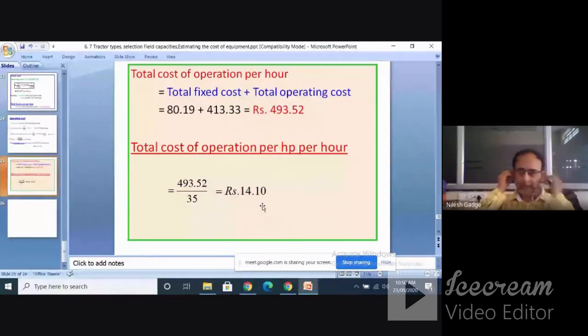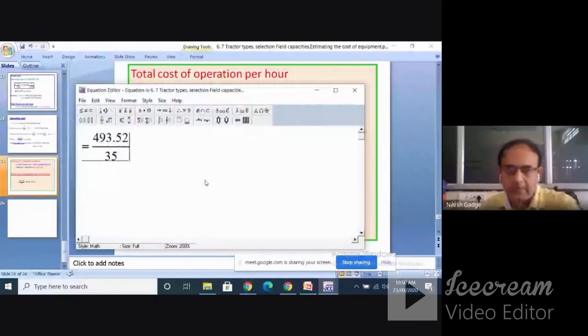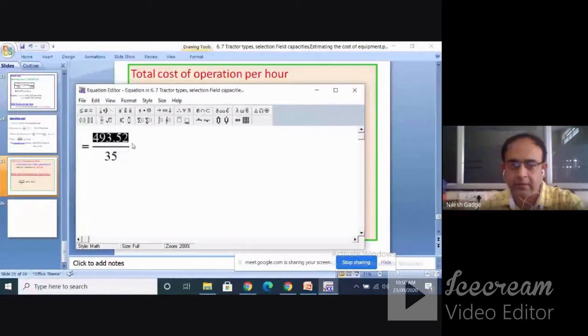So write down this total cost of operation per hour, total fixed cost plus total operating cost. It will be 493.53. Then the total operating cost, I am unable to edit.